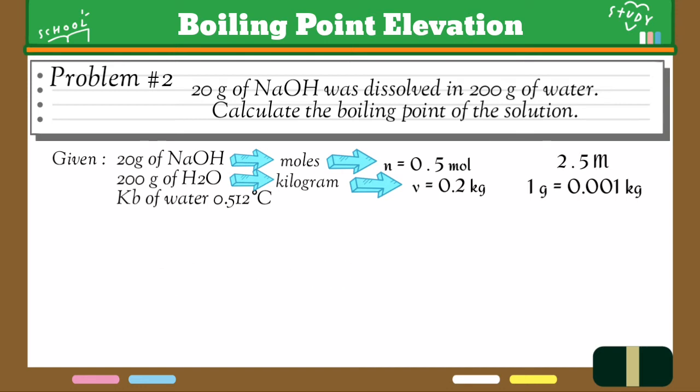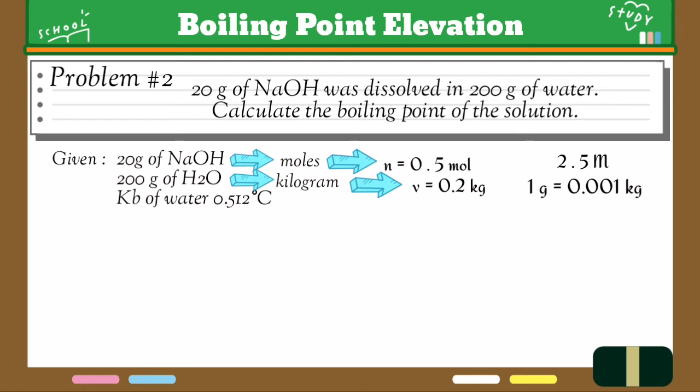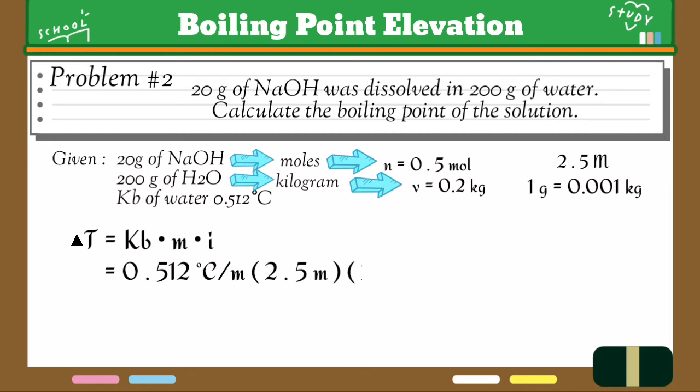Next, since sodium hydroxide is an ionic compound, we have to get the Van 't Hoff factor. We have one sodium ion and one hydroxide ion. So the factor is 2. Now let's put the values in their places. So delta T is equal to 0.51 times 2.5 times 2, which is equal to 2.55.